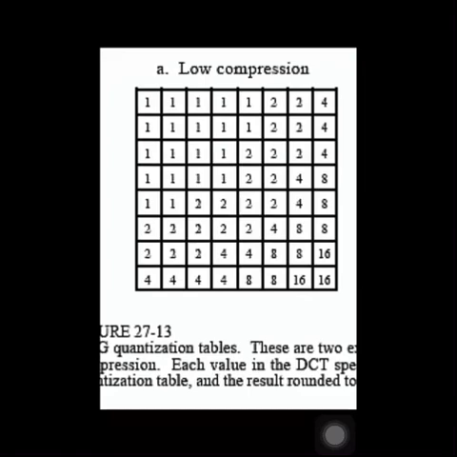Each DCT coefficient is to be divided by the corresponding quantization table coefficient. The first coefficient of the DCT output was the DC coefficient, let's say for example 174, so here it has to be divided by 1. The DC and the low frequency components, as you will see, are to be divided by 1.